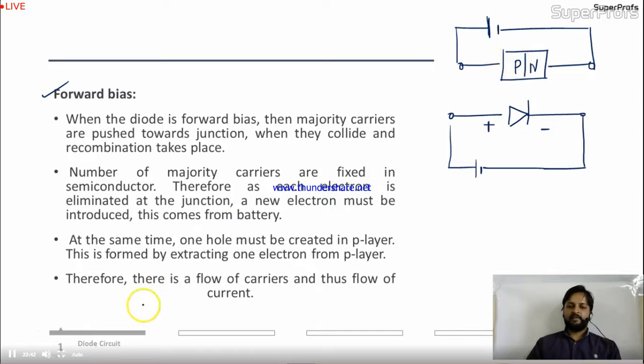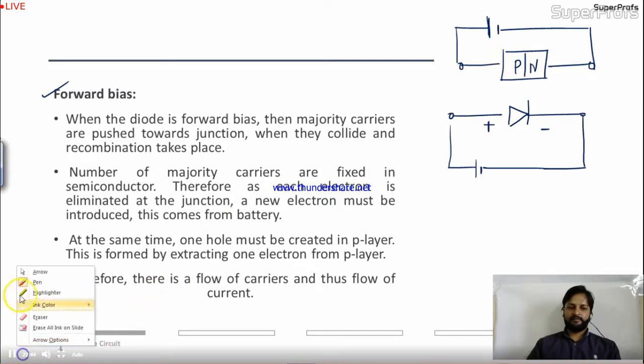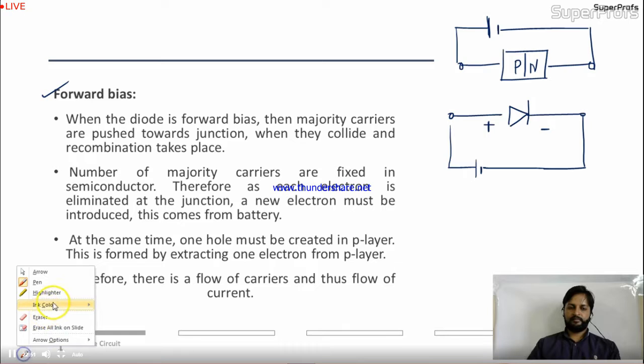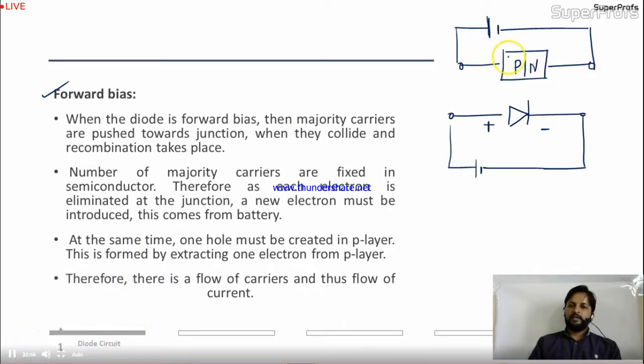In the P region, we have a number of holes as an excess element, right? In the N region, we have electrons.